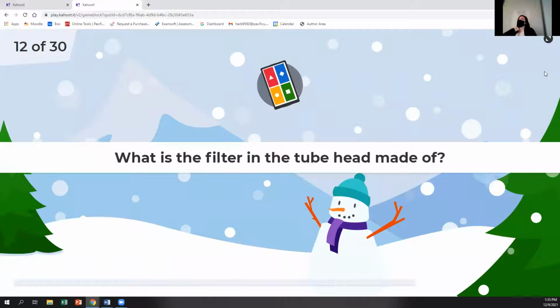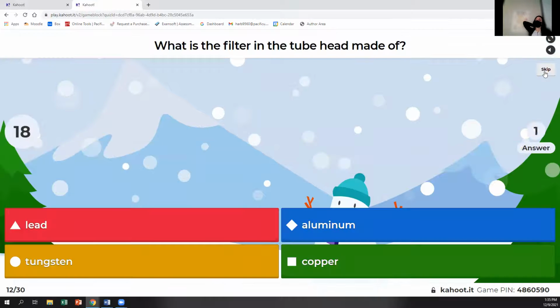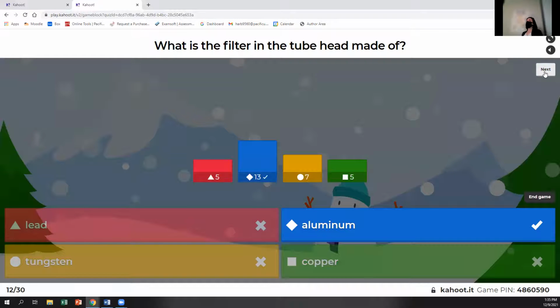What is the filter in the tube head made of? Lead, tungsten, copper, or aluminum? Aluminum. There are lots of different metals.